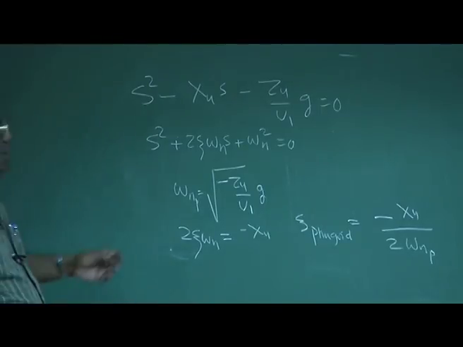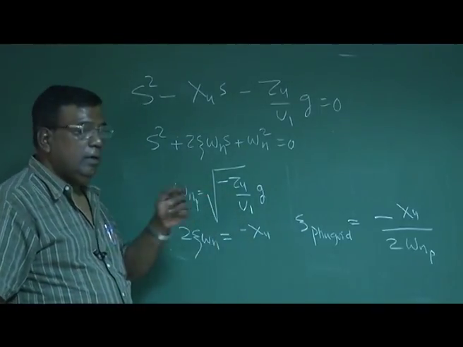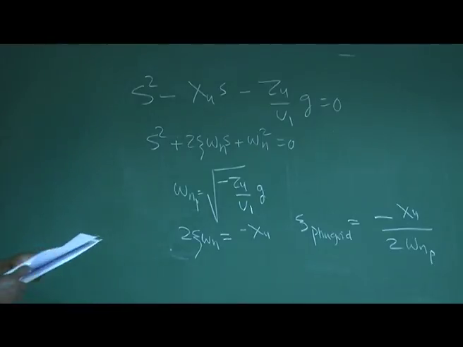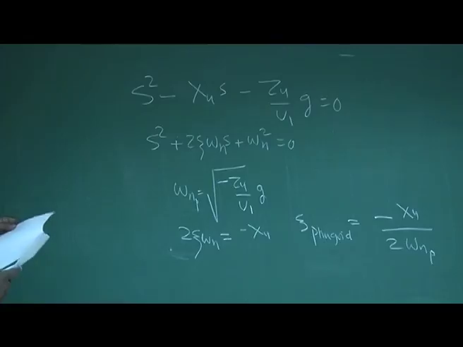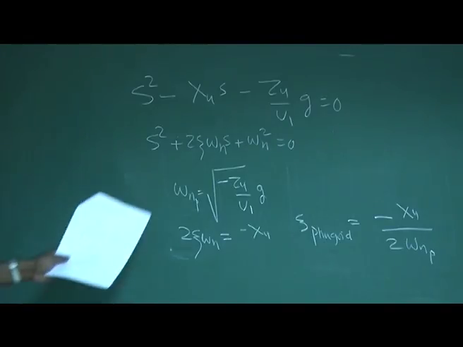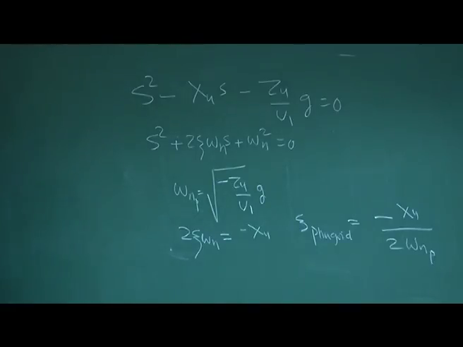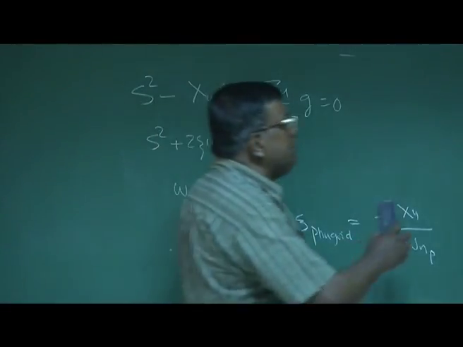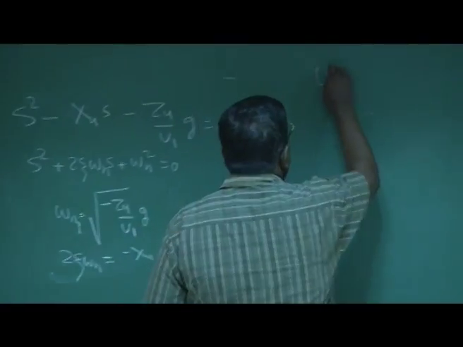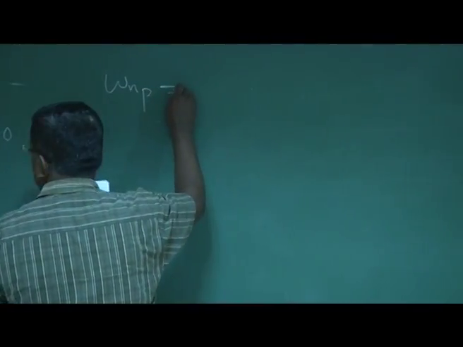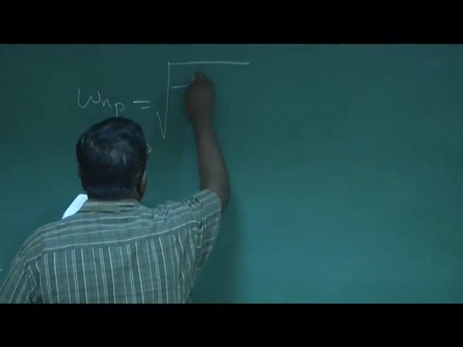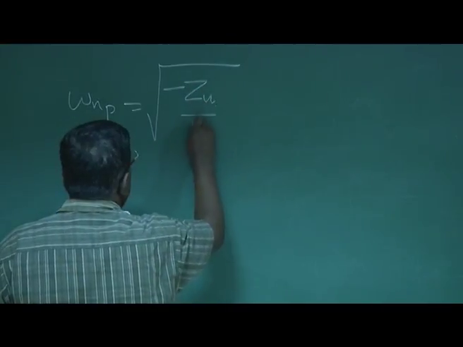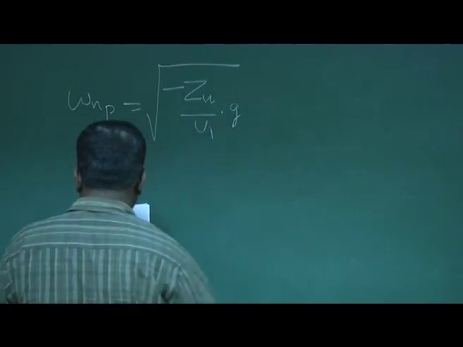You know by now what is zu, what is xu, right? All those expressions you are aware of. Now we'll do a little bit of work on this and you'll see what happens. Let us see omega n Phugoid and try to extract meaning out of it. See that omega n Phugoid is under root of minus zu by u1 into g, right?